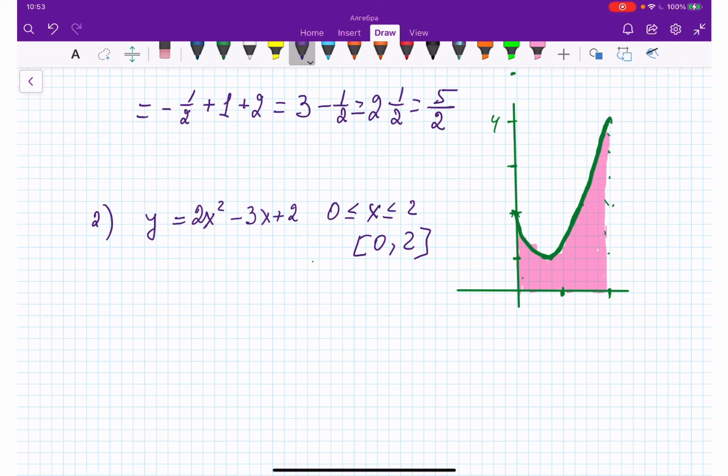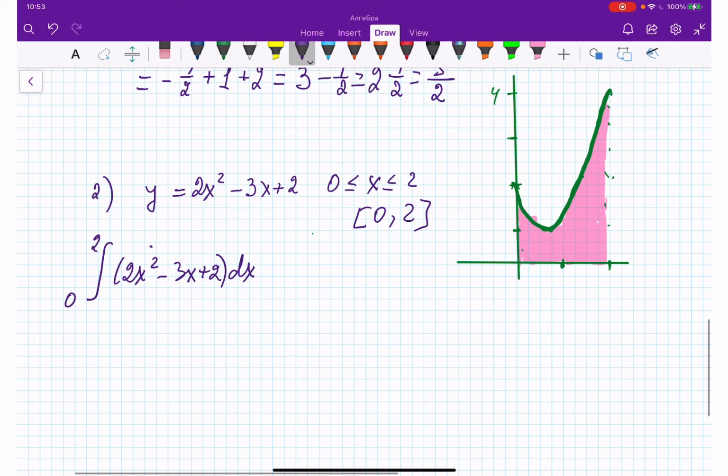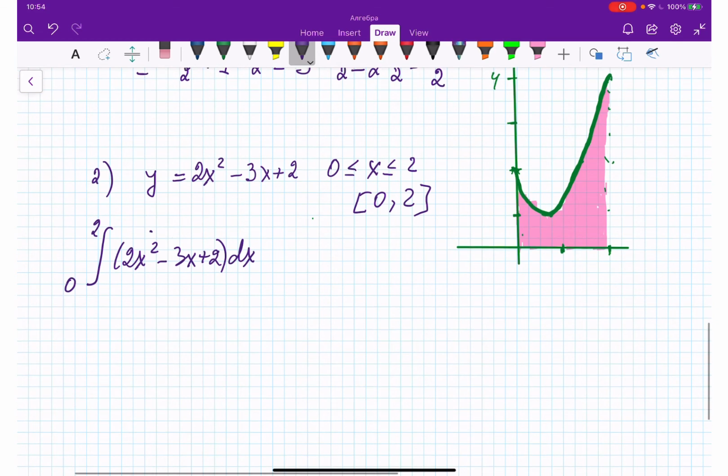I'm going to take the integral because I'm finding area. It's going to be between 0 and 2, and I have the integral of x squared minus 3x plus 2 dx. So let's solve it.